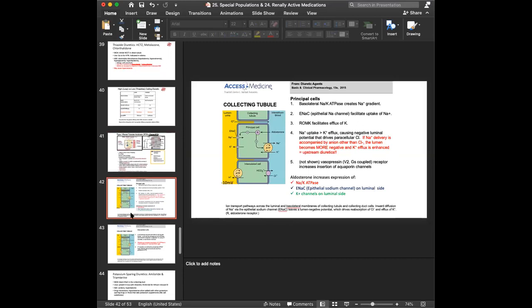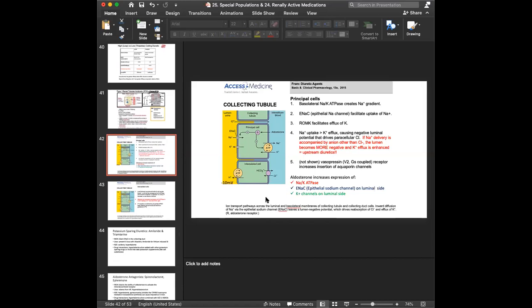Okay, the collecting tubule, remember that's where our potassium-sparing diuretics, our aldosterone antagonists are located. Remember that aldosterone increases expression of Na-K ATPase and ENaC, and then our potassium channels on the lumen.